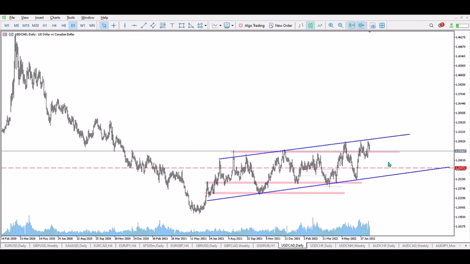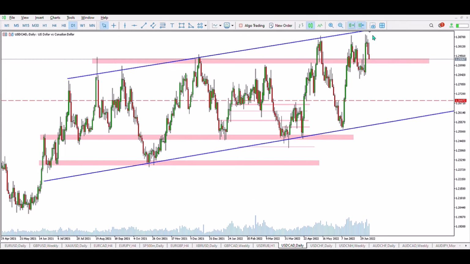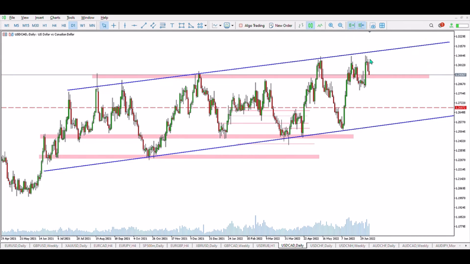We have the USD CAD on the daily, which is also going in a bullish channel, but we have 2-3 rejections from this high, so probably we will continue to these highs over here, this little support zone, or we will test the lower support levels.